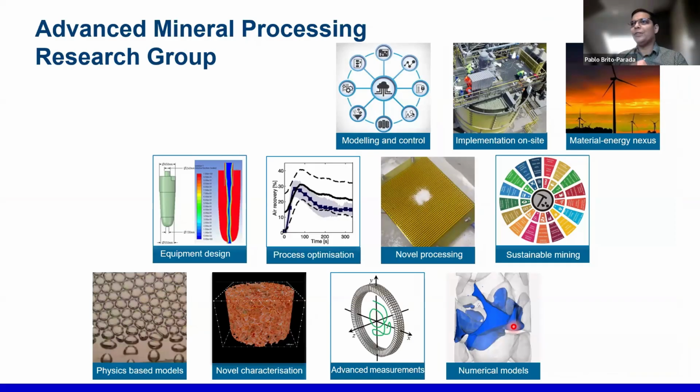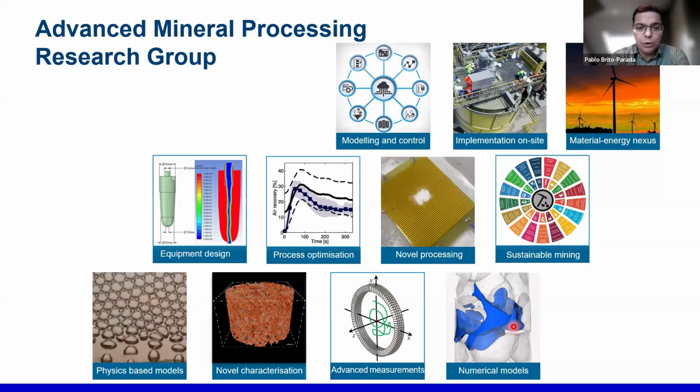Now, just before delving into the topic, I thought of showing a bit of what we do in other areas as well. Historically, the team at Imperial has worked a lot on flotation, but we also work on other areas of mineral processing, leaching, rapid separation. The way that we tend to approach these problems is to start with the physics of the problem. So we work a lot more on the physics than the chemistry.